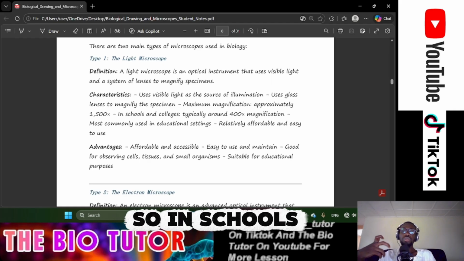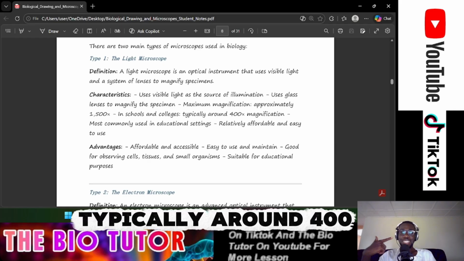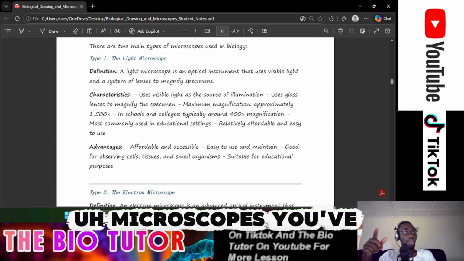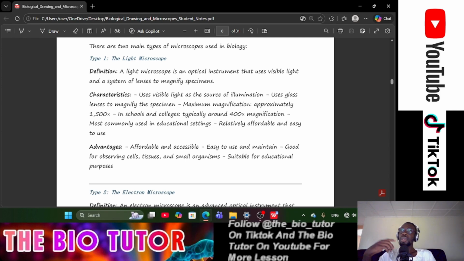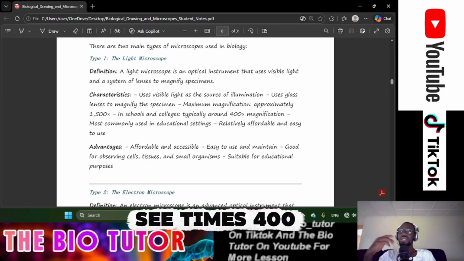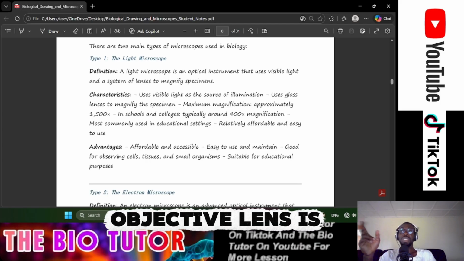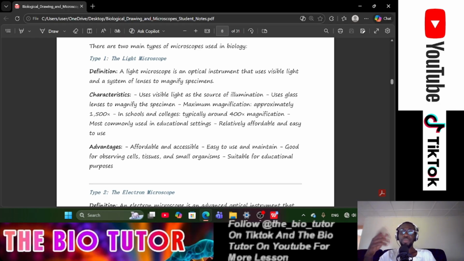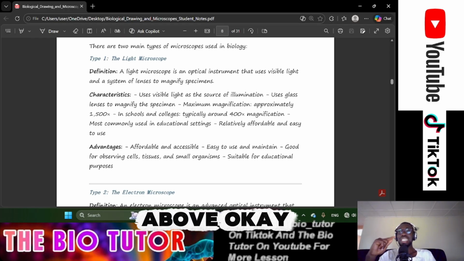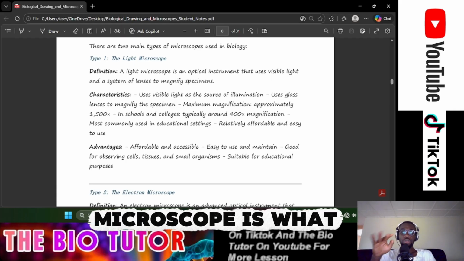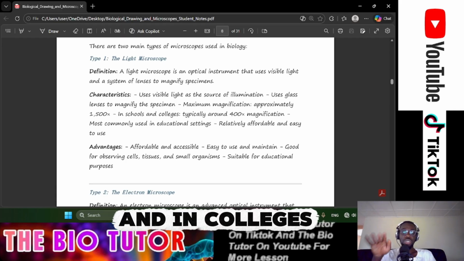In schools and colleges, typically around 400 times magnification is used. In the microscopes you've been using, sometimes we could see times 400, meaning that the combination of the eyepiece lens and the objective lens results in that. Some are slightly above. But this type of microscope is what you normally see in schools and colleges.